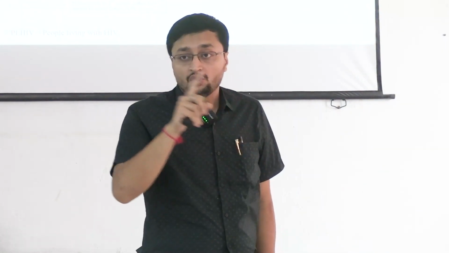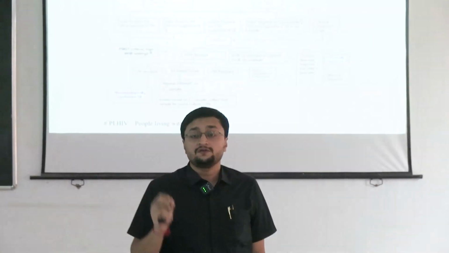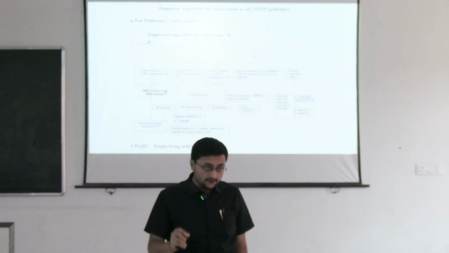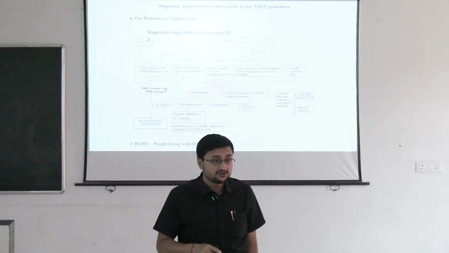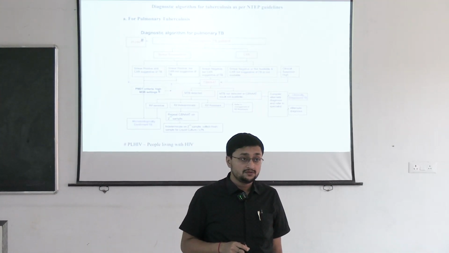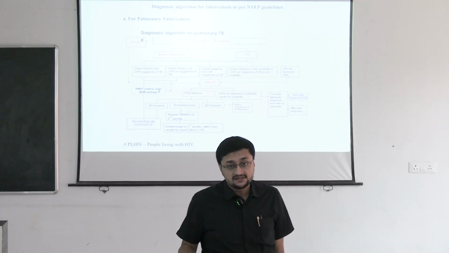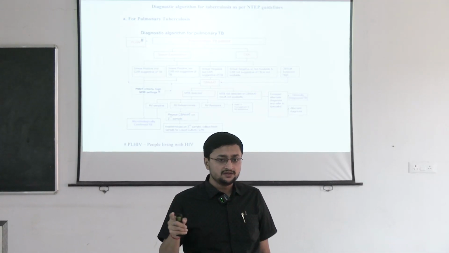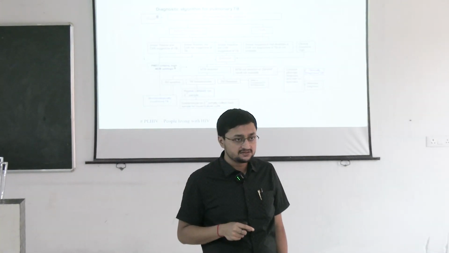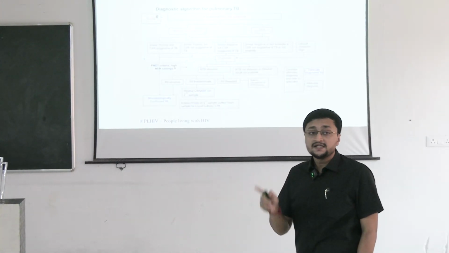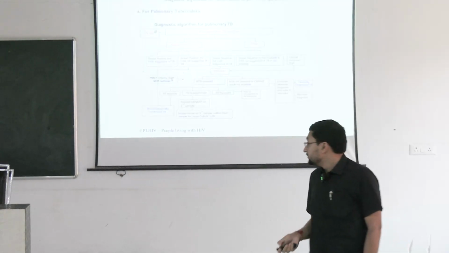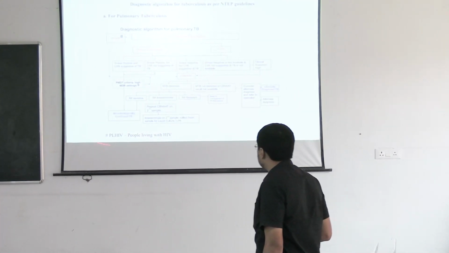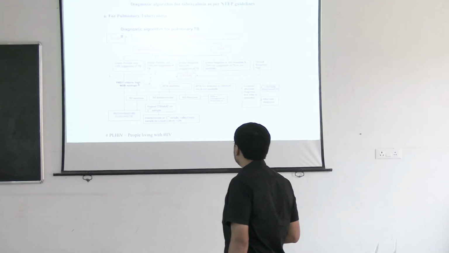So in all microbiologically confirmed tuberculosis cases, you have to do a CBNAAT examination to look for whether there is presence of rifampicin resistance or not, because there is emergence of rifampicin resistance as well as MDR-TB in India in recent 10 to 15 years. So you have to do CBNAAT examination. So if smear examination is positive, X-ray suggestive or not suggestive of TB, you have to do a CBNAAT.